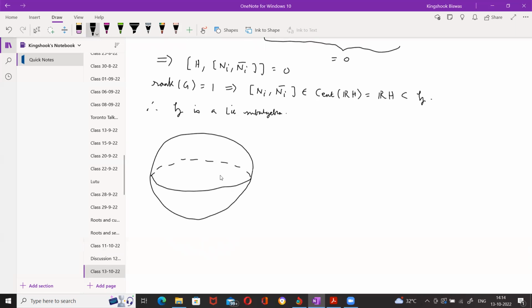So you have the A_t orbit, and then you have the flow of ni, which is contained inside a horosphere.